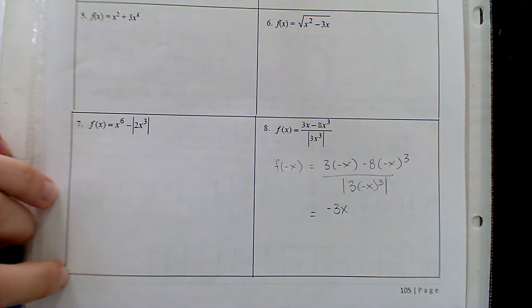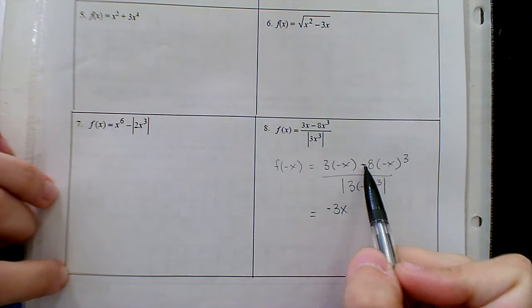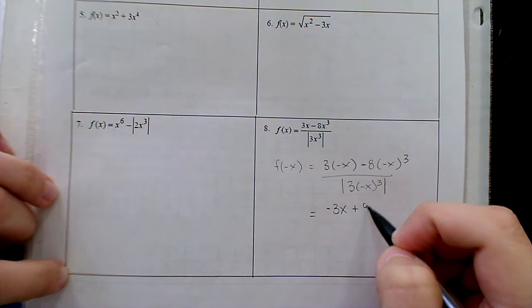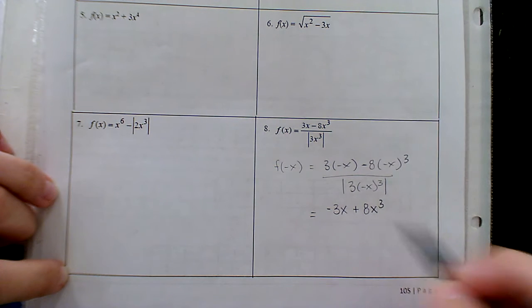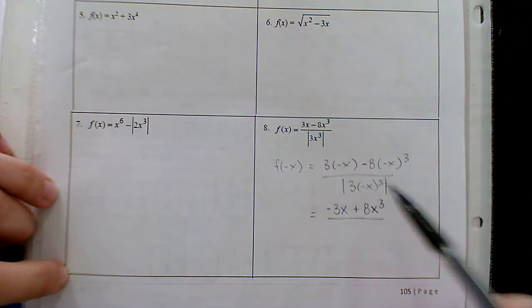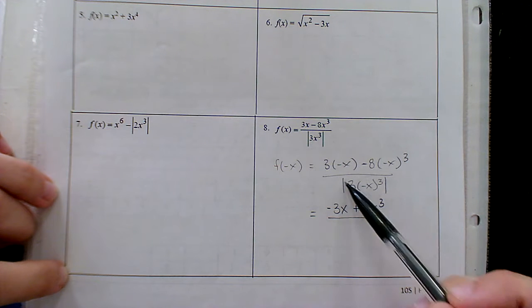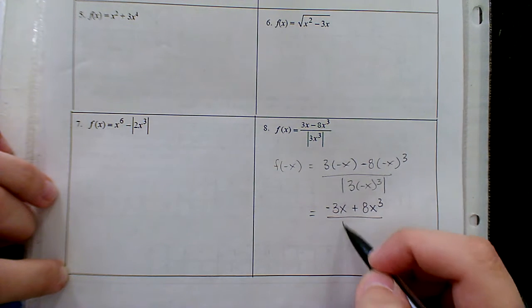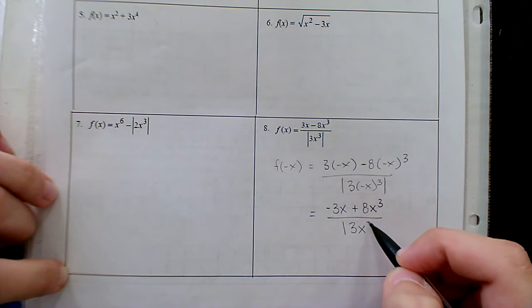If we simplify negative x cubed, negative times negative times negative is a negative. Notice how we're subtracting it, so that would change to a plus. Down below, though, we have absolute values. So we know this would end up being a negative x cubed, but if you're taking the absolute value of it, it would then change to a positive x cubed.